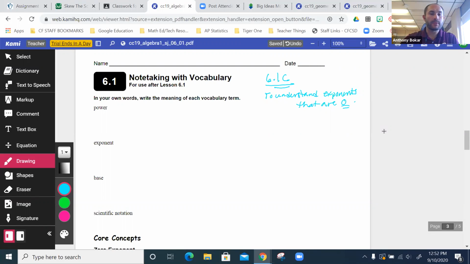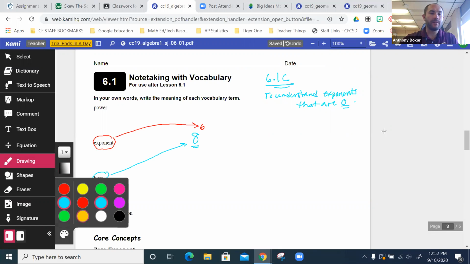A couple vocab words: power, exponent, base. I'm going to diagram it here. Let's say I have 8 to the 6th power. We call the exponent 6. We call the base 8.